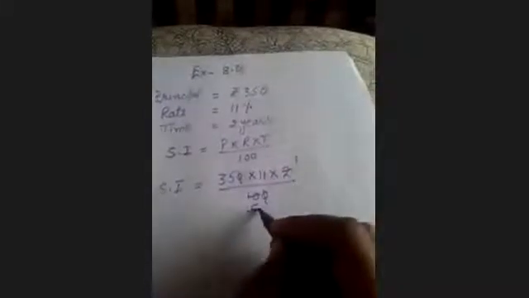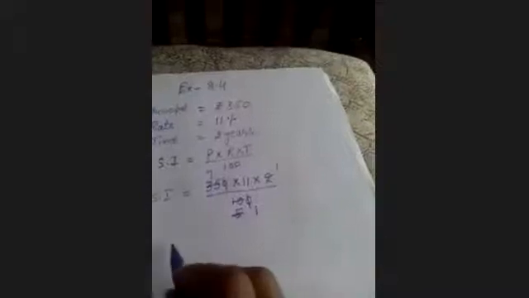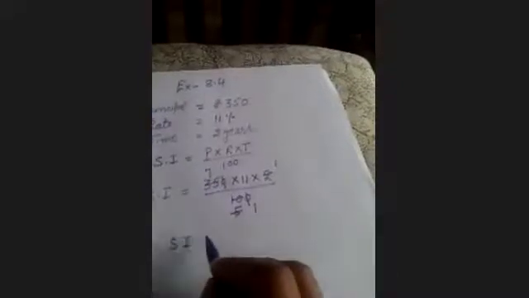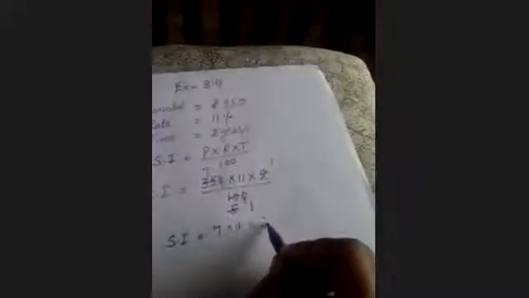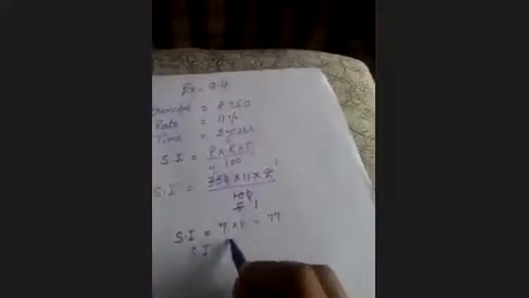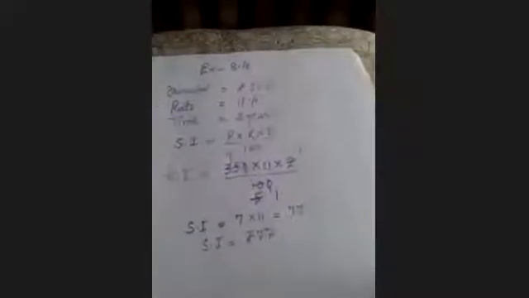Now 5, 1 are 5 and 7, 5 are 35. Now students, in simple interest, we have only 7 and 11. 7 multiplied by 11 is 77. So simple interest is rupees 77. Clear students?